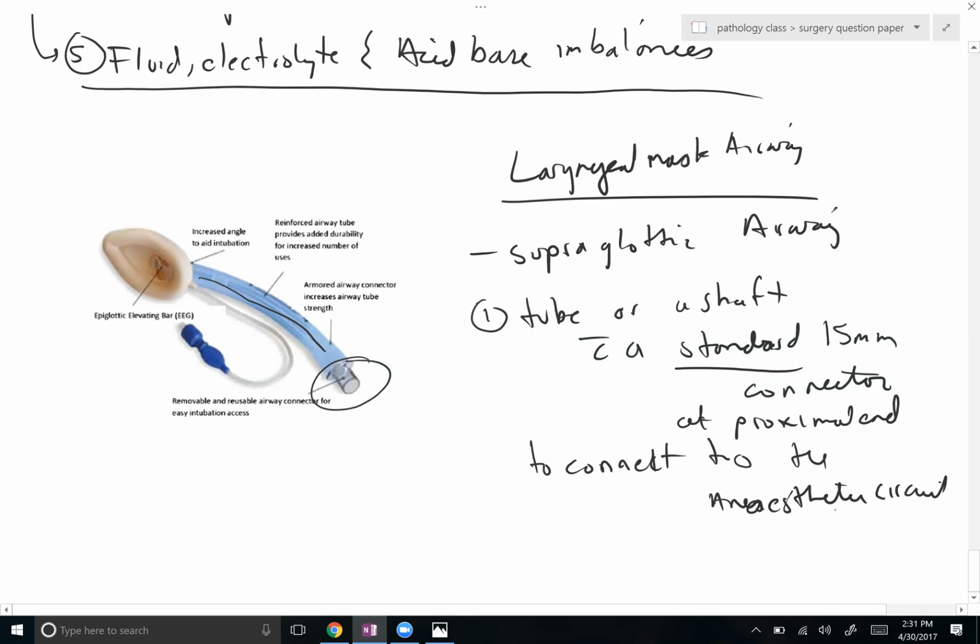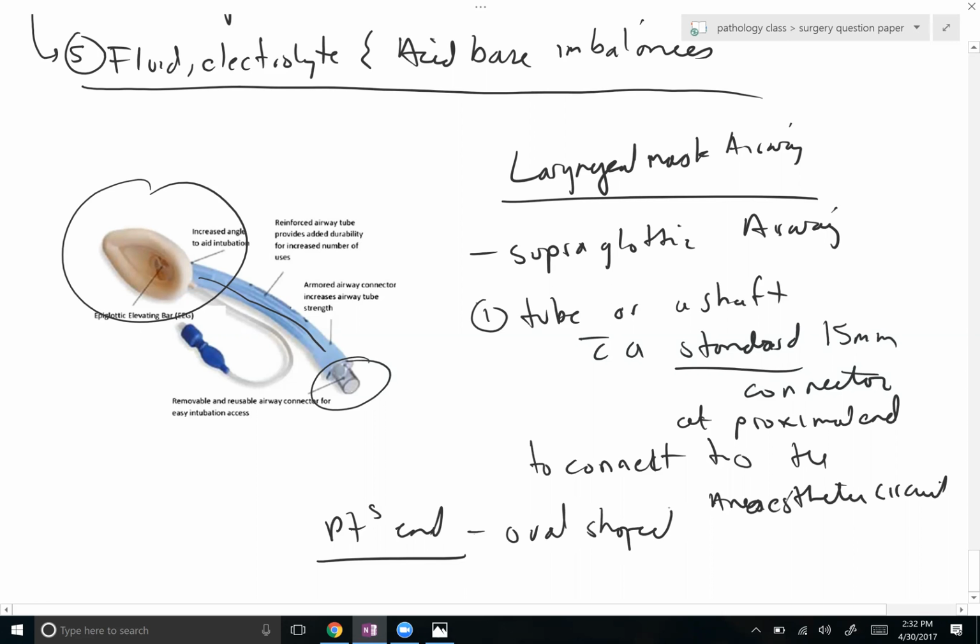And the patient's end has an oval shaped inflatable cup.